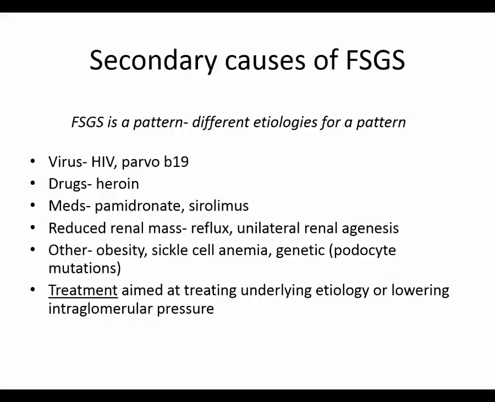In HIV, we have seen collapsing variant a lot more, at least before the advent or when the patients are not taking their HAART therapy. HAART has changed the landscape of what we see as HIV nephropathy these days on renal biopsy. Some viral infections, drug use, pamidronate, very important.